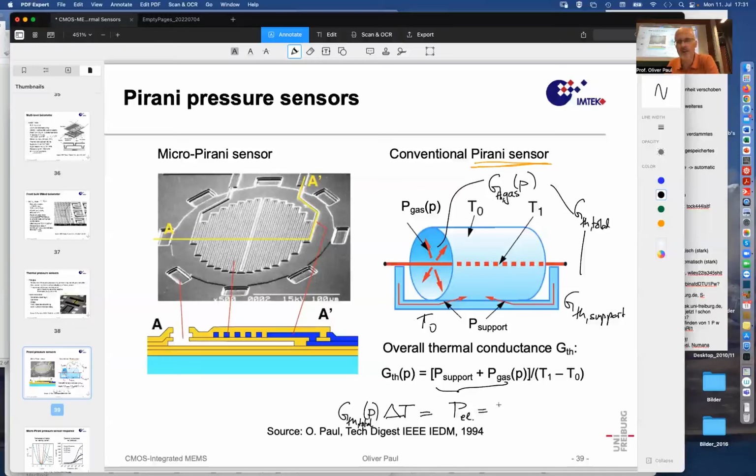And this is, of course, its resistance multiplied by I squared, or the applied voltage squared divided by R. So power is dissipated, and then this power leads to a temperature increase of the wire that depends on pressure, because the thermal conductance separating the wire from its environment changes with pressure.